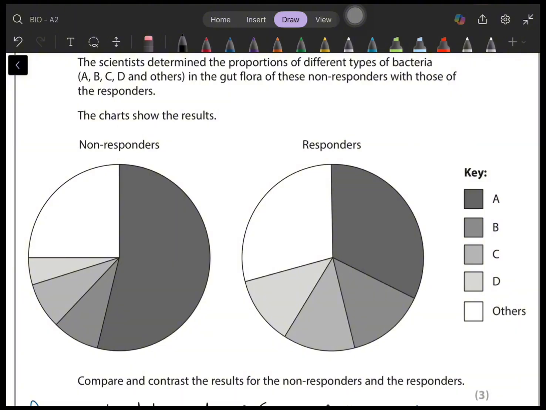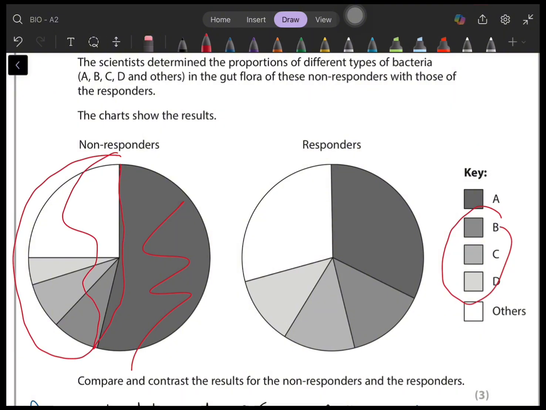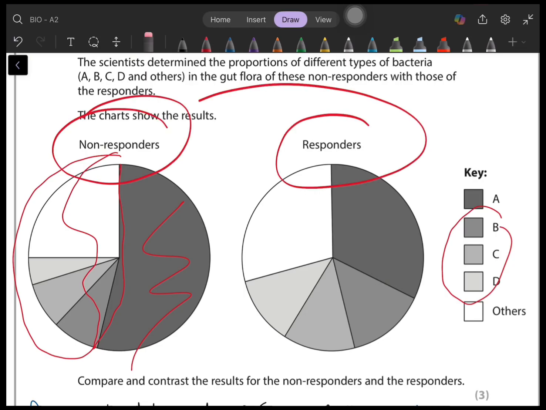So I could see that for non-responders, bacteria A was the highest, and higher than in responders. And also I could see that bacteria B, C, D along with the other types of bacteria are lower for non-responders than for responders, right?